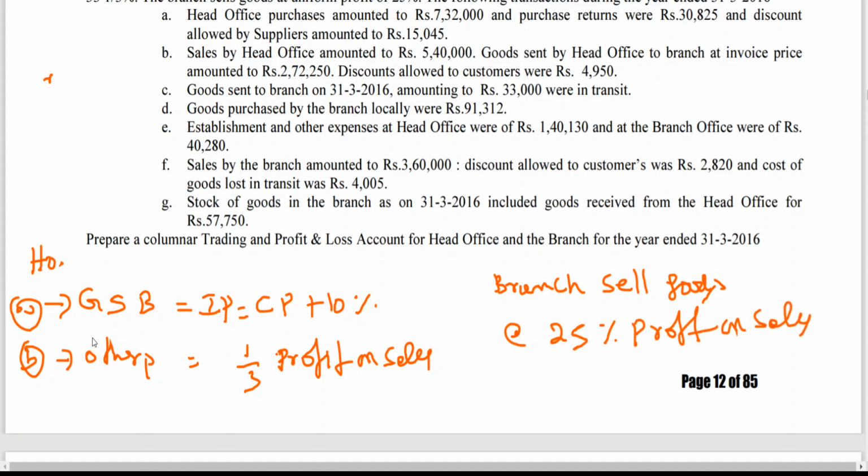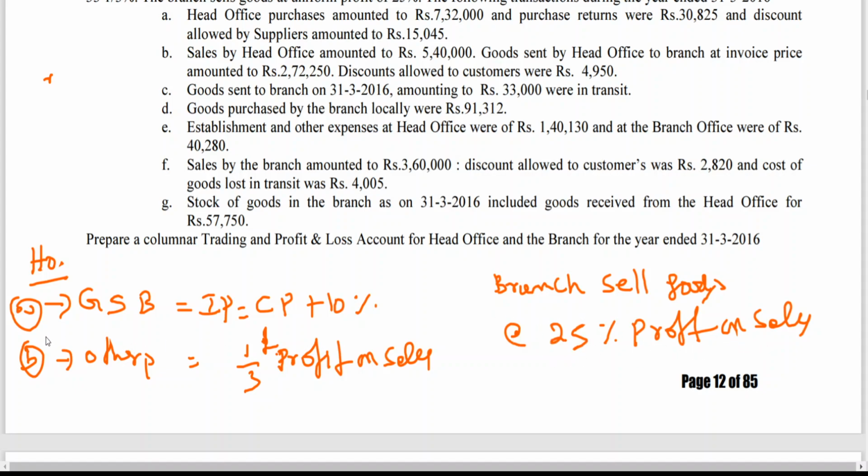So we have head office sending the goods to branch at cost plus 10%. I repeat once again, head office sends goods to branch, that is invoice price, at cost plus 10%. Others, 1/3 profit on sales, whereas branch sells goods at 25% profit on sales.